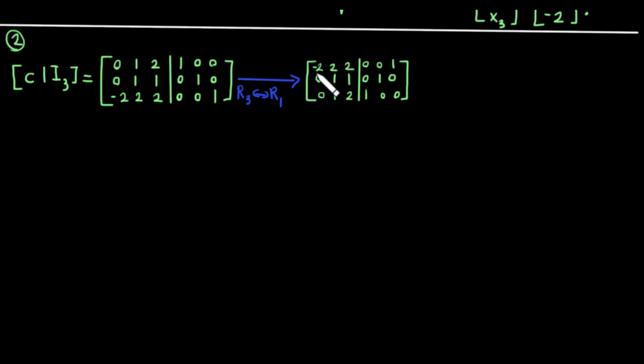Now I have to make this number equal to 1, so we have to divide the first row by -2 in row 1. I will speed it up to write this row and this row.